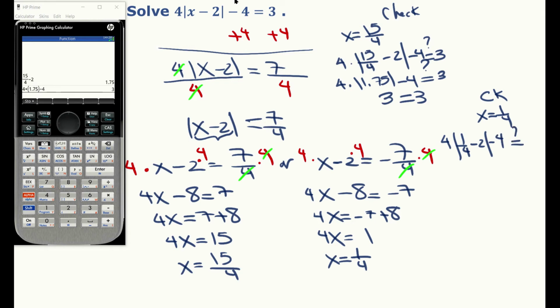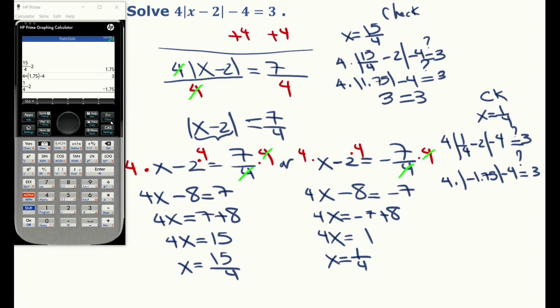We want to know if that's equal to 3. So now we're going to go ahead and type in 1/4 minus 2, and we get negative 1.75. So we have 4 times the absolute value of negative 1.75 minus 4. We want to know if that's 3.